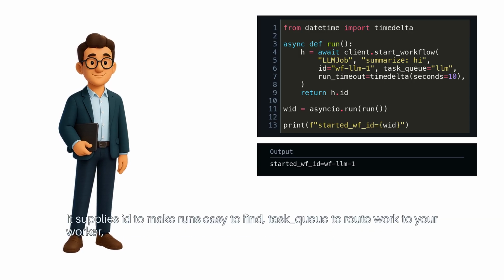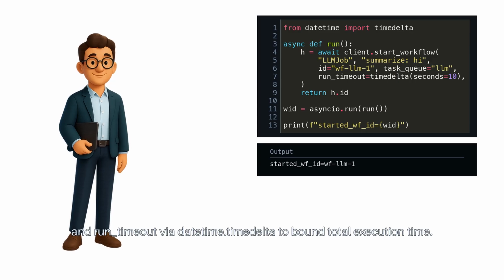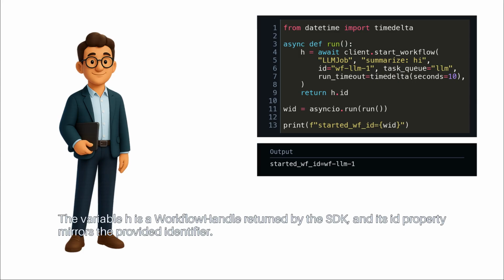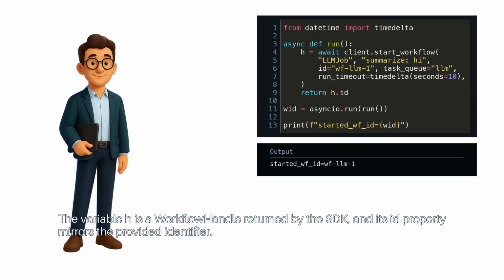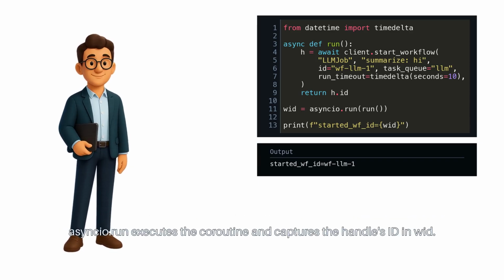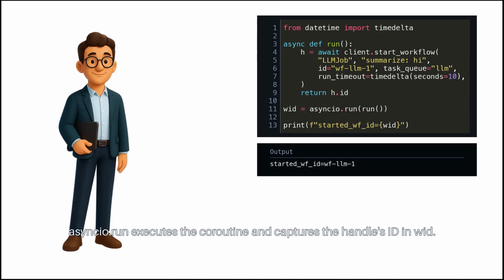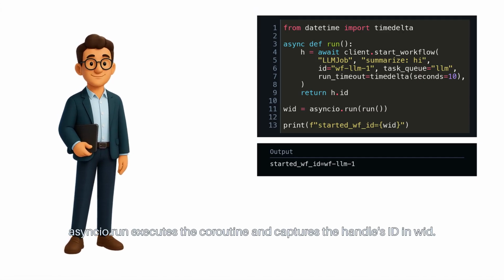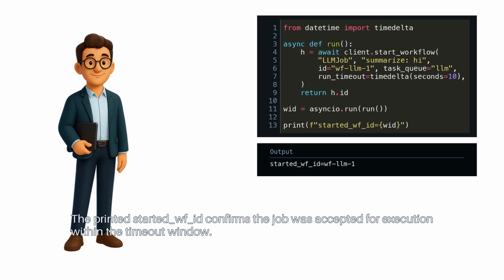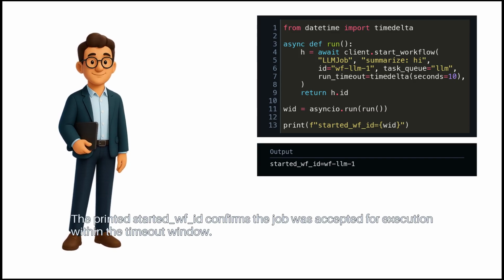It supplies an ID to make runs easy to find, a task queue to route work to your worker, and a run timeout via datetime.timedelta to bound total execution time. The variable h is a workflow handle returned by the SDK, and its id property mirrors the provided identifier. asyncio.run executes the coroutine and captures the handle's ID in wid. The printed started wid confirms the job was accepted for execution within the timeout window.